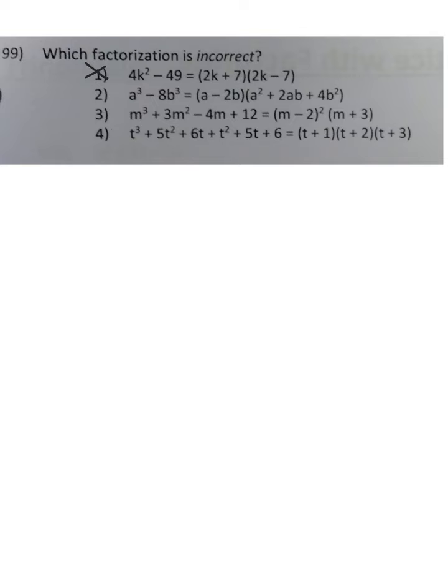Now let's look at choice 2. I don't really know any other way to do it than to just distribute this times that. So let me just write this. This is going to be choice 2, and that's going to give me A cubed.